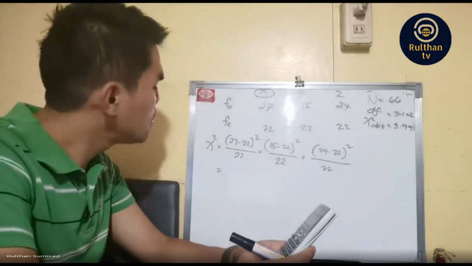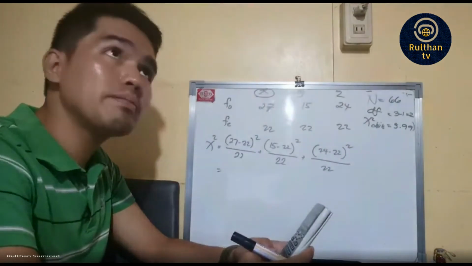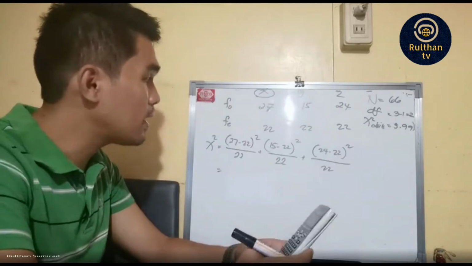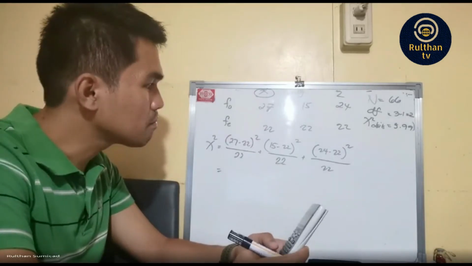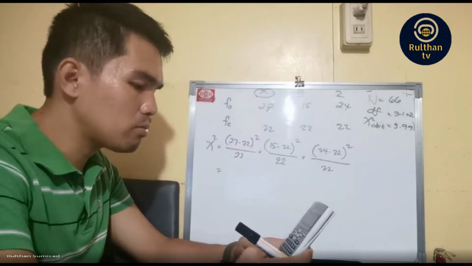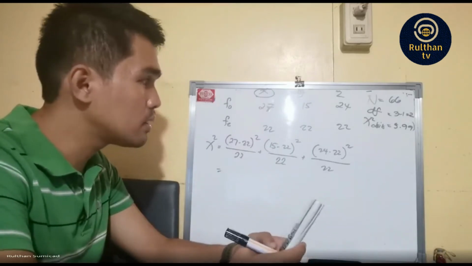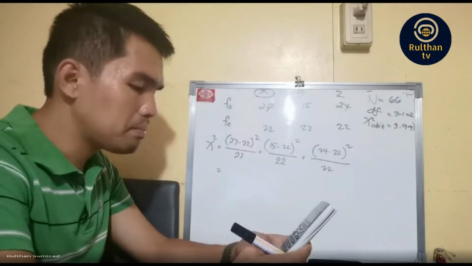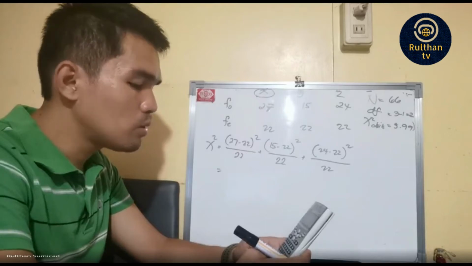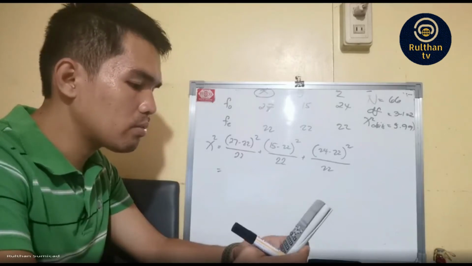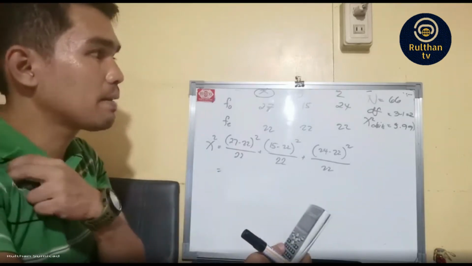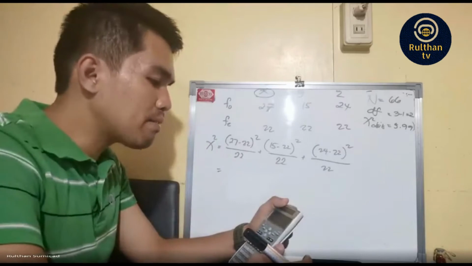So you have 25 divided by 22, plus 49 divided by 22, plus 4 divided by 22. So we have the result here: 3.54.